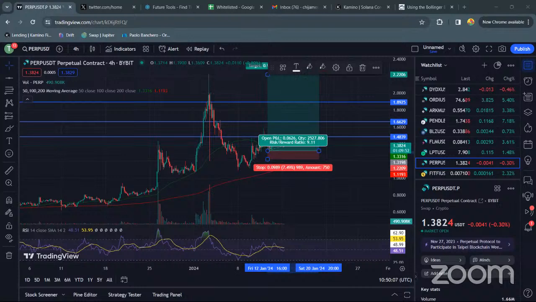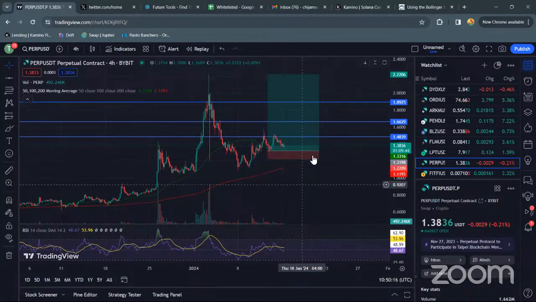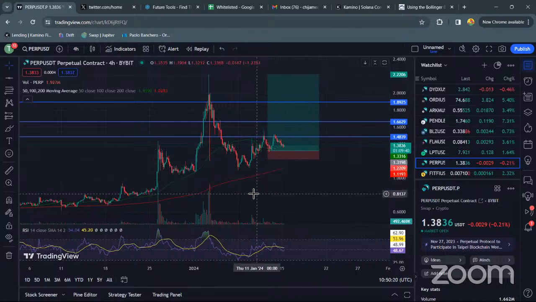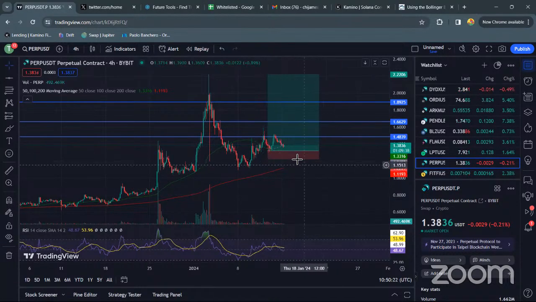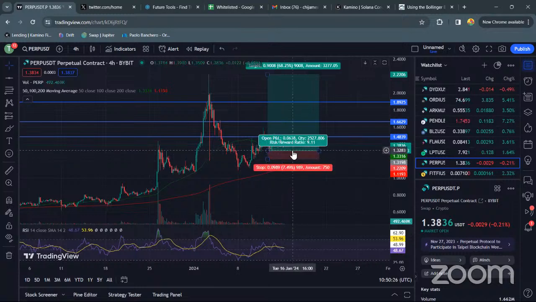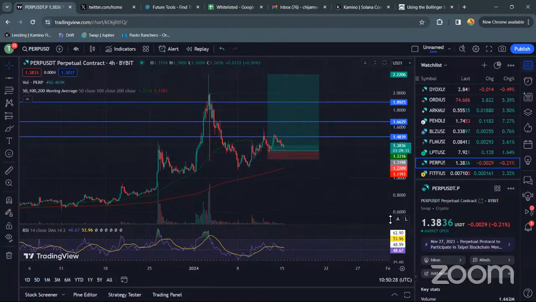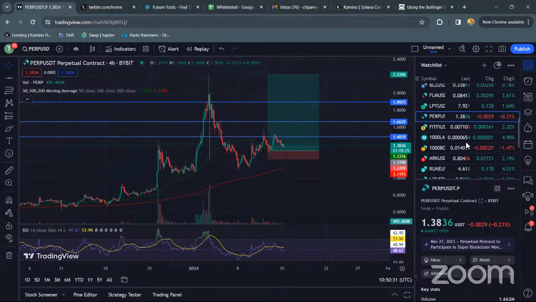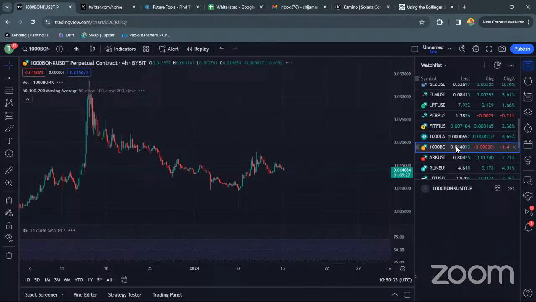Okay, so these are the four things I said I would share the signals with you guys, so you guys can enter into the trades. So yeah, this PEP trade is another really good one that I expect to print. I'll just patiently wait for it to get down to my entry and for the trade to go from there.